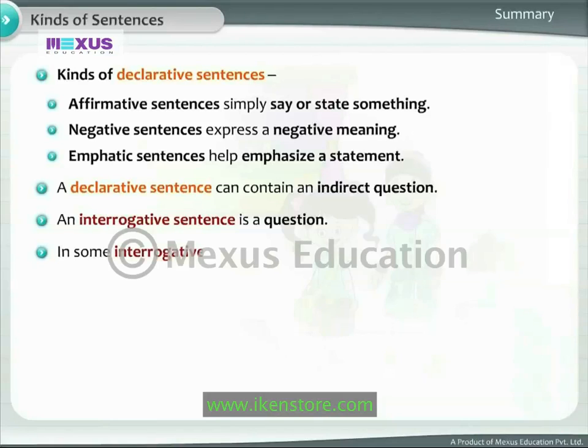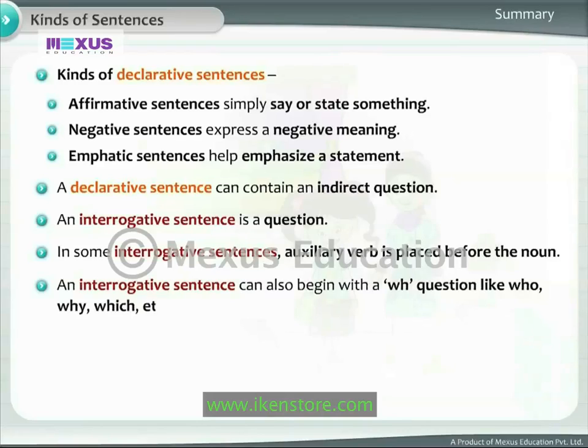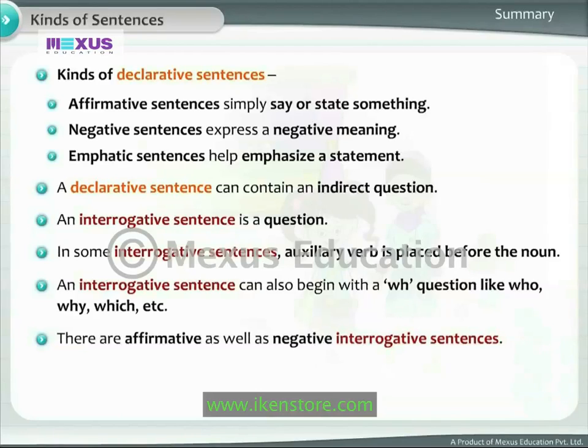In some interrogative sentences, the auxiliary verb is placed before the noun. An interrogative sentence can also begin with a WH question like who, why, which, etc. There are affirmative as well as negative interrogative sentences.